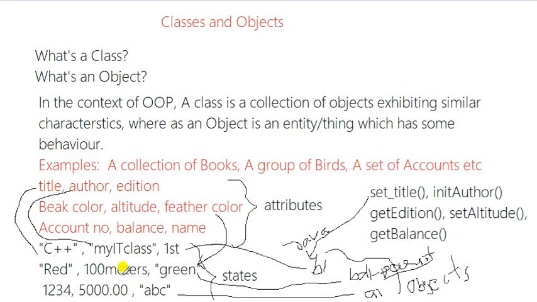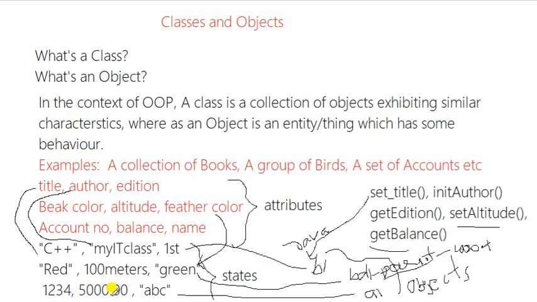The parrot flies to an altitude of 100 meters. Say I want to change the altitude. Set altitude, change altitude. I'll make it 1000 meters. So it will start flying at an altitude of 1000 meters. So you change the altitude. In a similar way, get balance.